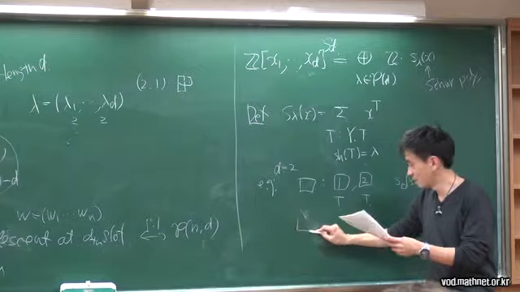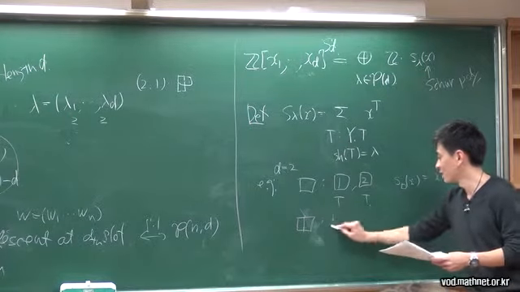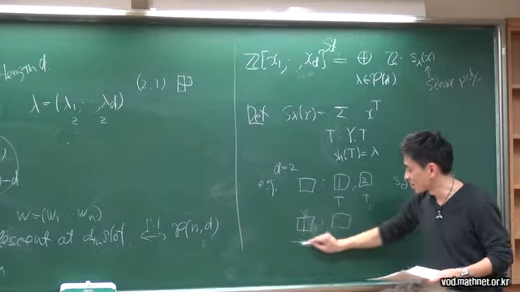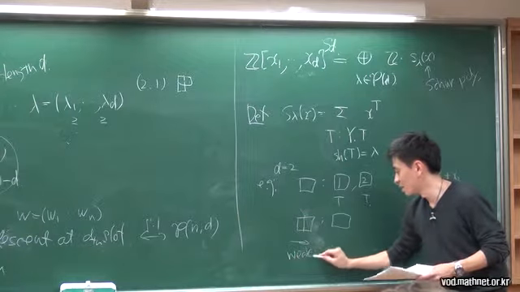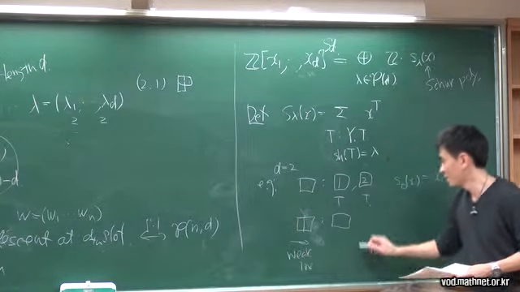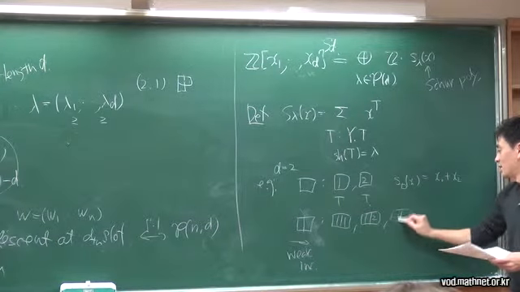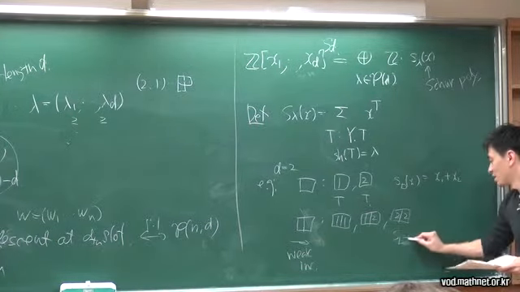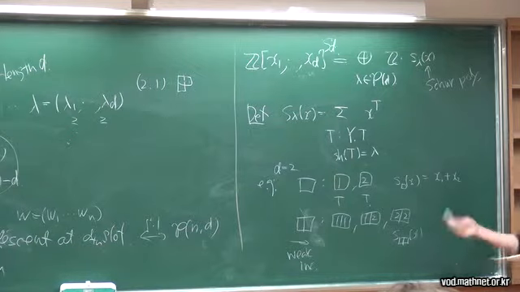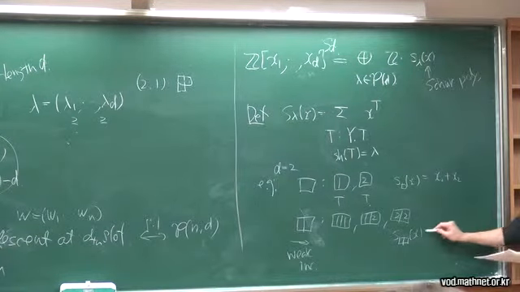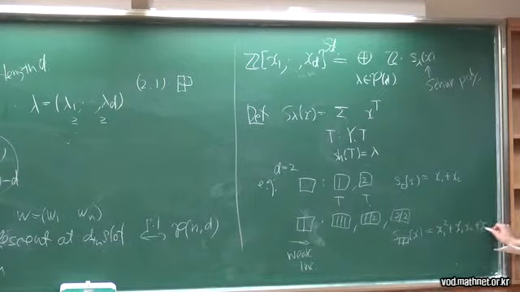But if you have two boxes, in this direction it's weakly increasing: 1 1, or 1 2, or 2 2. So the Schur polynomial with two boxes in the first row is x1 squared plus x1x2 plus x2 squared.